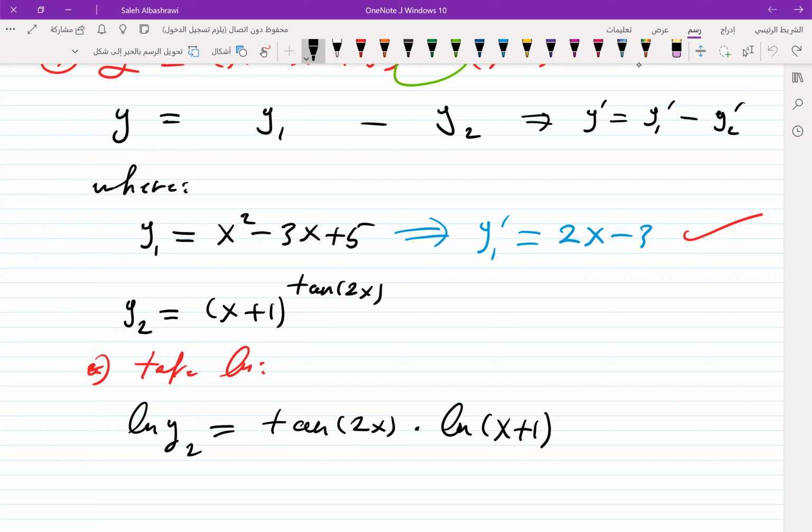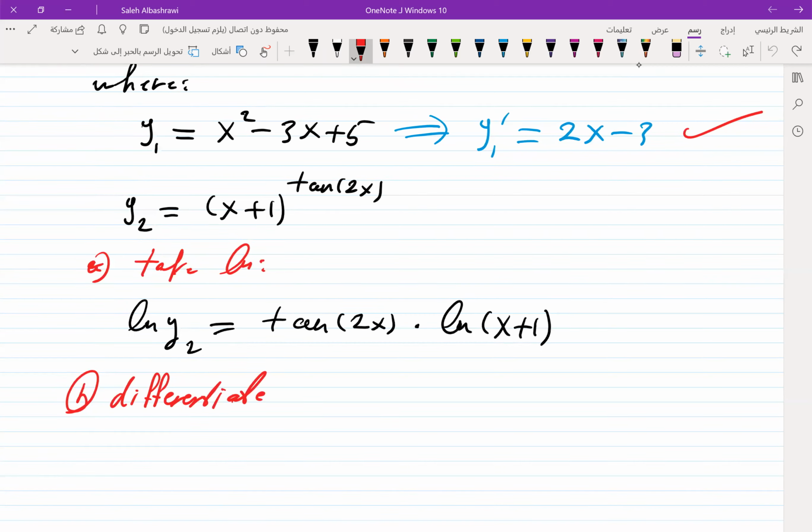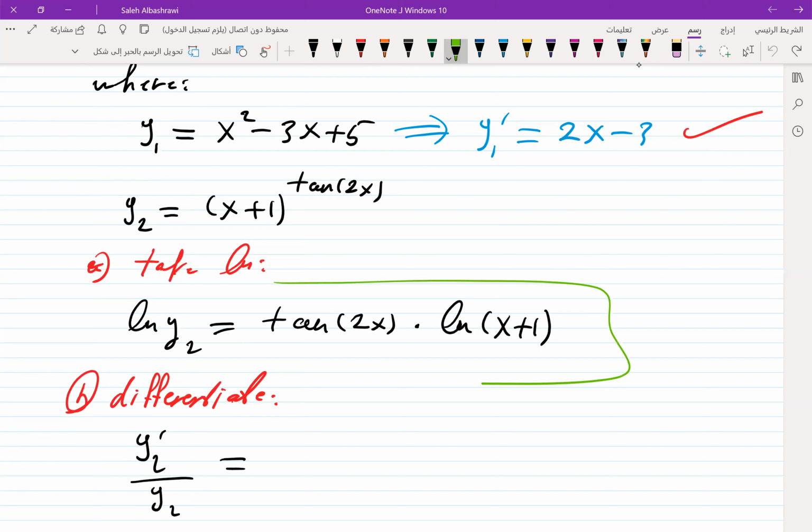I just skip one step, that is just a power, so I can write it down: tangent 2x multiplied by ln of x plus 1. Now differentiate. The left hand side will give me y2 prime divided by y2 equal to, on the right hand side, we have to apply the product rule.